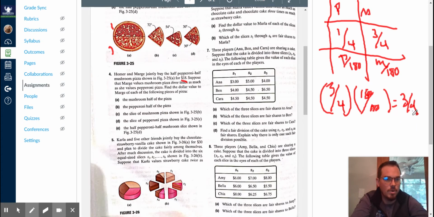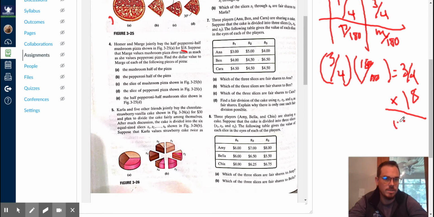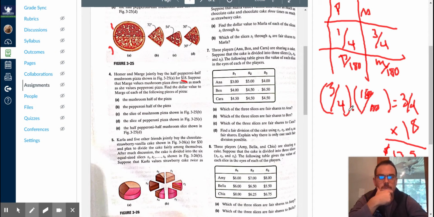Then we multiply this by the amount of money spent on the pizza, by 18. If we grab our calculator, 18 times 0.75, or the 3/4, we get 13.5. So $13.50 for the mushroom pizza, or half of it.